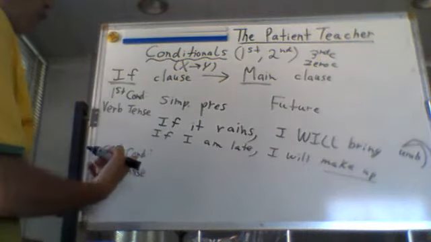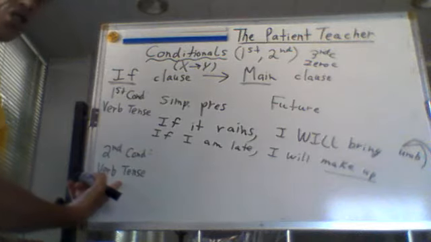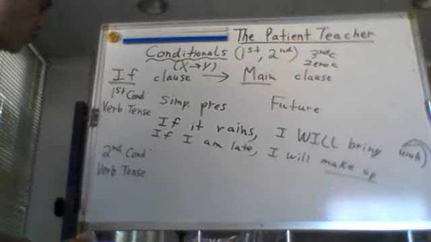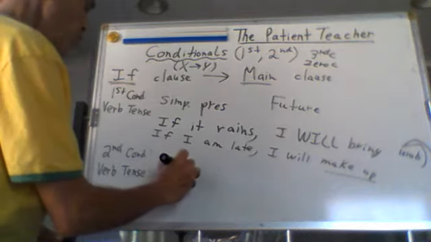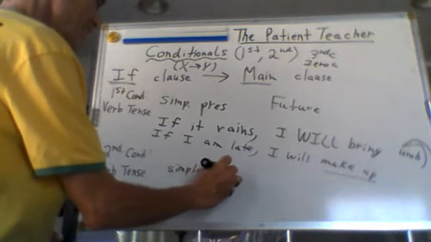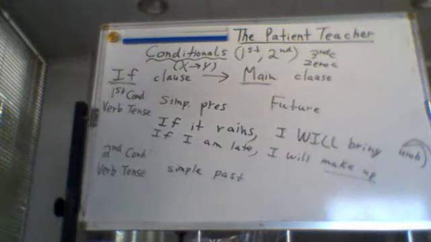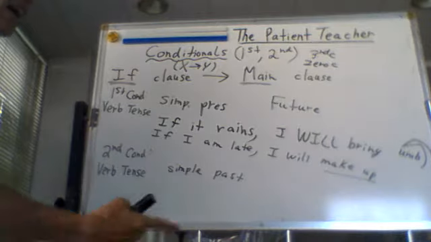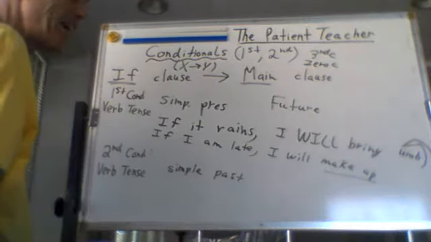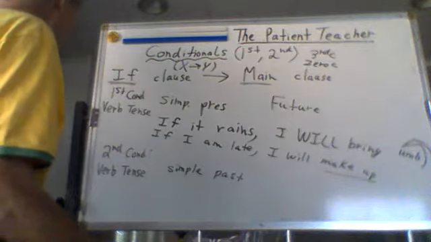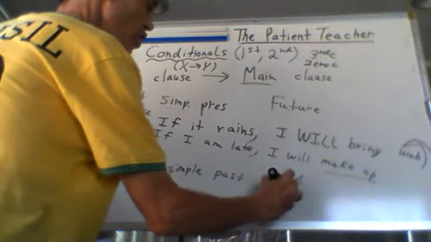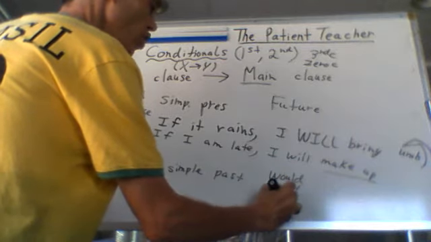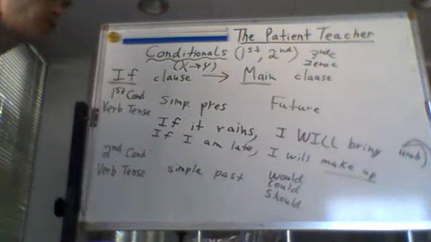Okay? Now, for second conditional, what verb tense do we use? Do you know? Simple past, right? Simple past. And for the main clause, we use would, could, or should, right?